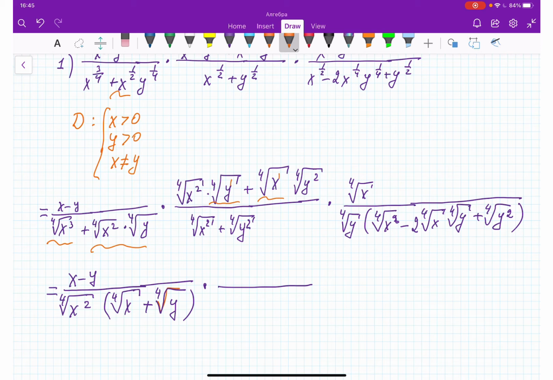But if I take square, there won't be enough. All right. So we are taking out radical degree 4 of x and radical degree 4 of y. Okay? And in parentheses, I will have radical degree 4 of x plus radical degree 4 of y.